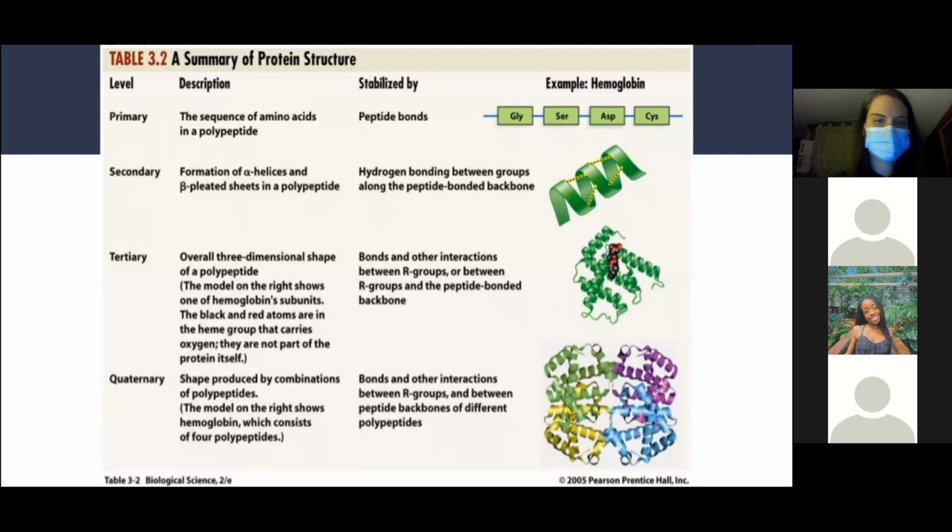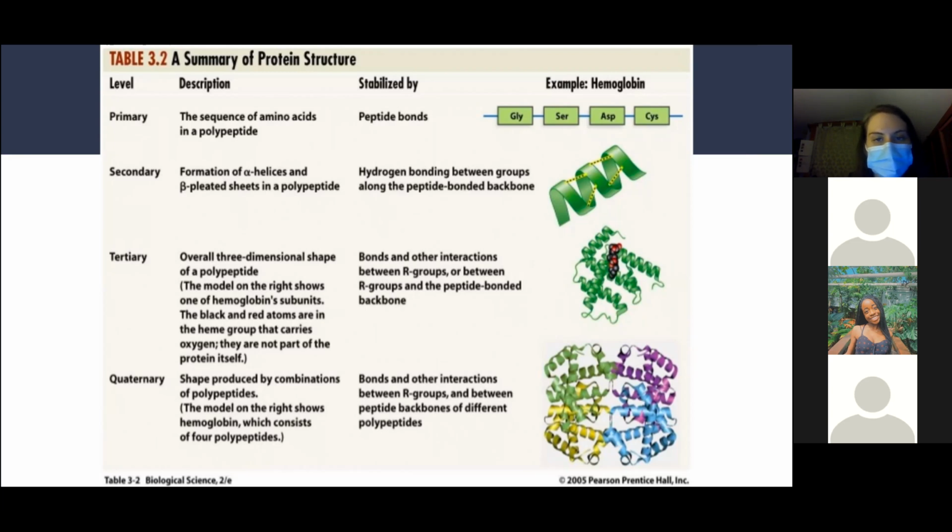Those are covalent bonds, so they're pretty stable relative to the other types of bonds. And then you have your secondary level, which is the formation of alpha helices or beta pleated sheets in the polypeptide. And they're stabilized by hydrogen bonds between the groups that form the backbone, right?